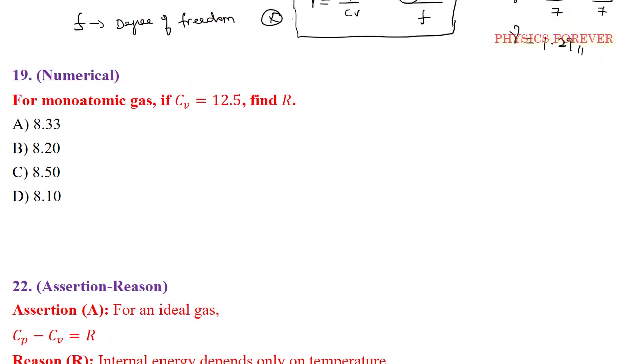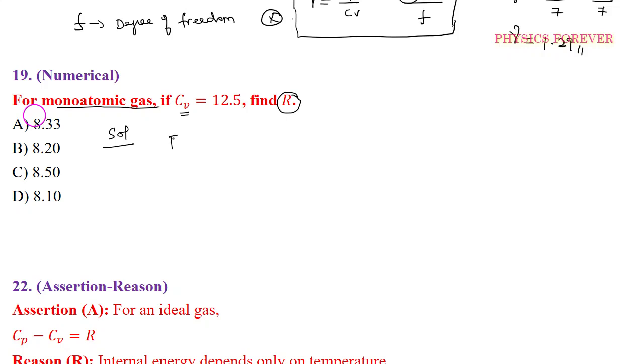The next question is also of a similar type. Question number 19: for a monatomic gas, if the specific heat capacity at constant volume Cv is equal to 12.5, then we have to find R. We already know the formula.